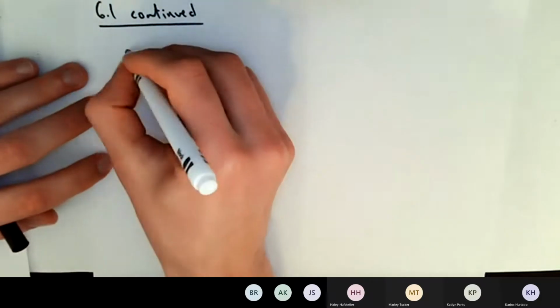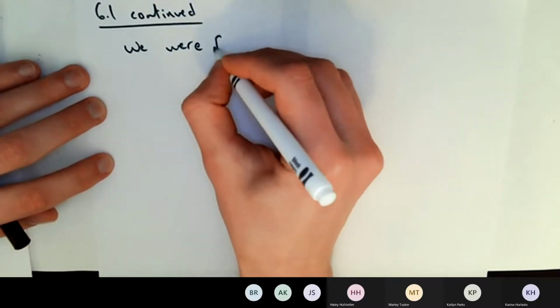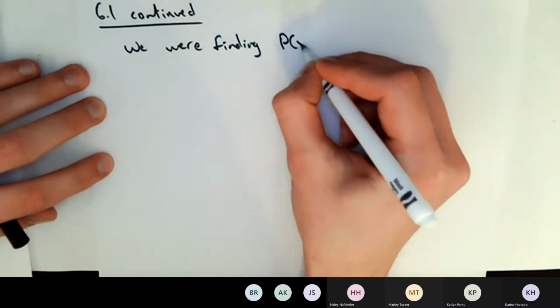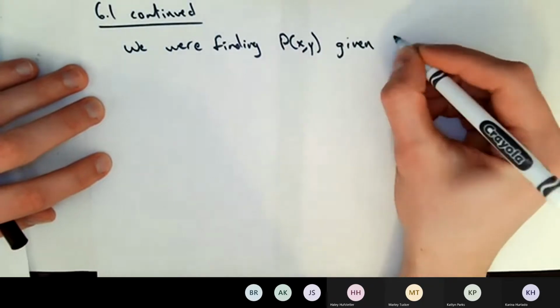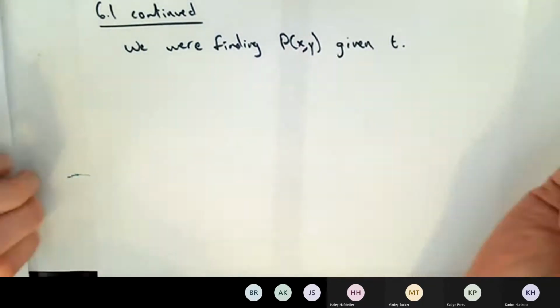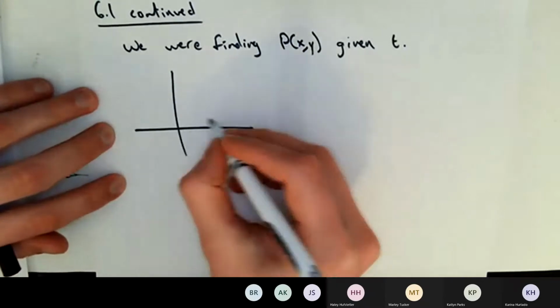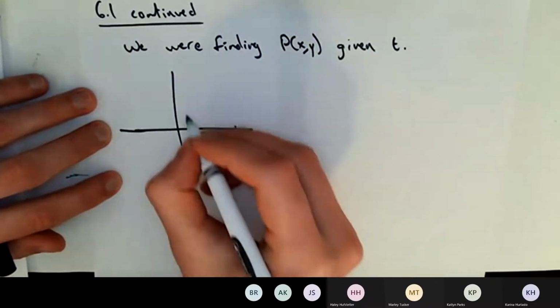The whole goal was we were finding P of xy, some point given some t, which is an arc length and also an angle, right? So we saw, just to reiterate, t is specifically an arc length along the unit circle.